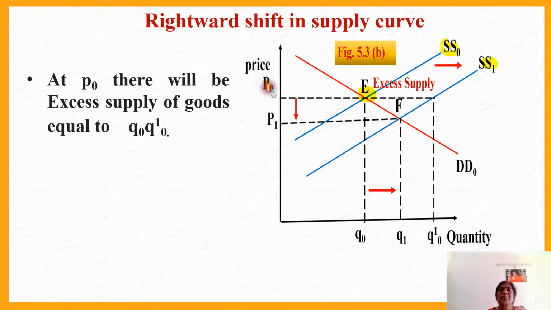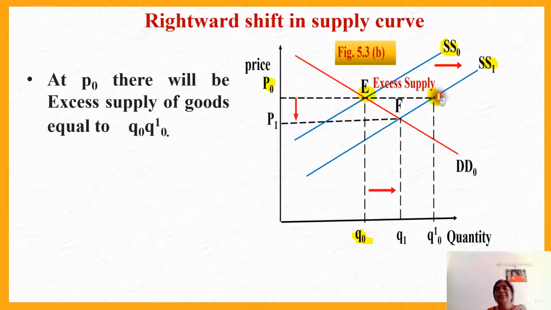The initial equilibrium price is P0. Initial equilibrium quantity is Q0. What happens here? You can see the same P0, as we always denote the situation, excess demand, excess supply. In the same way, you extend that P0 line up to the new supply curve after shift, SS1.